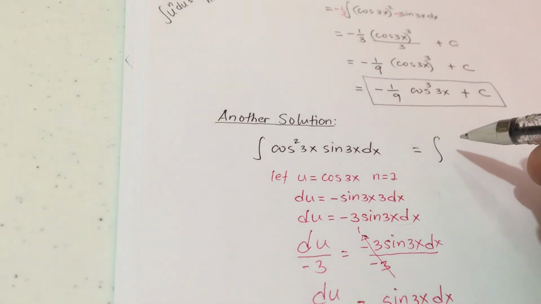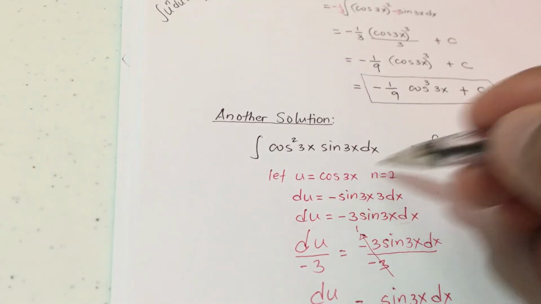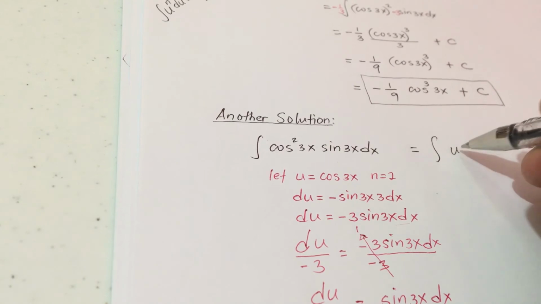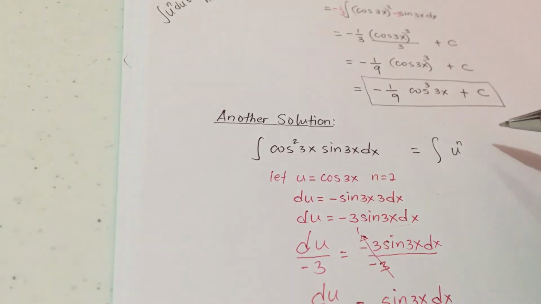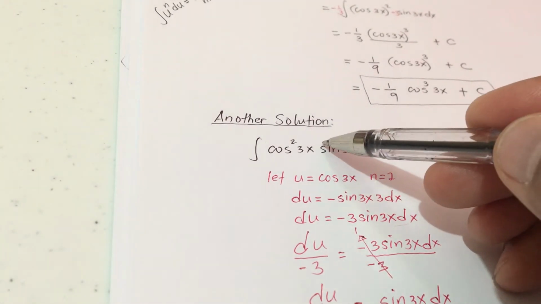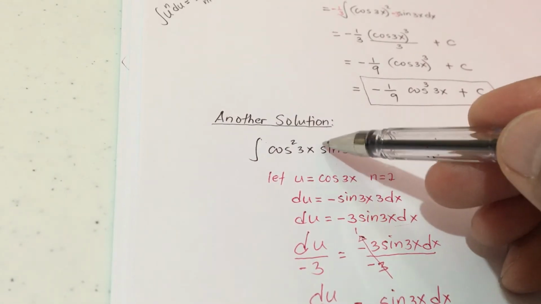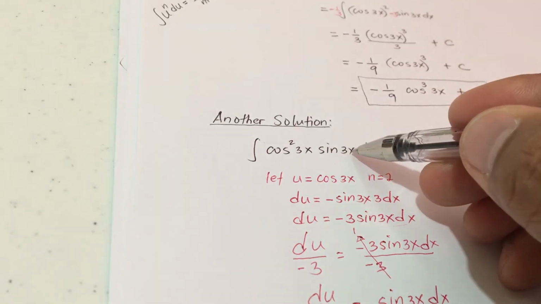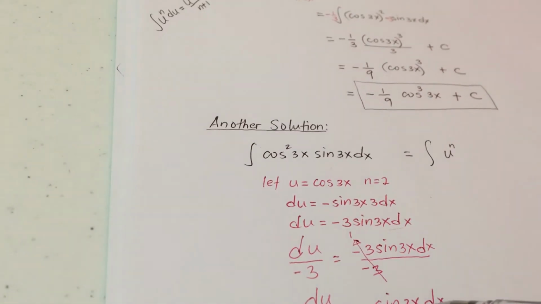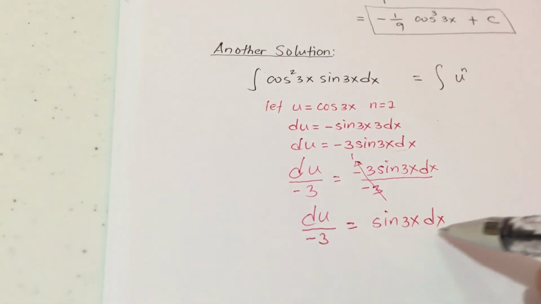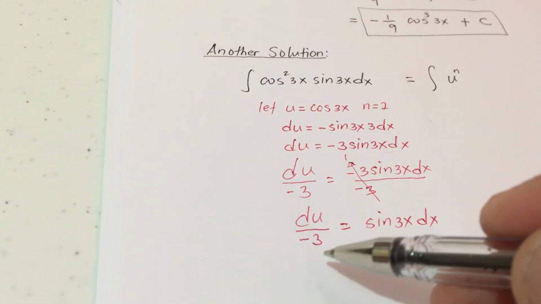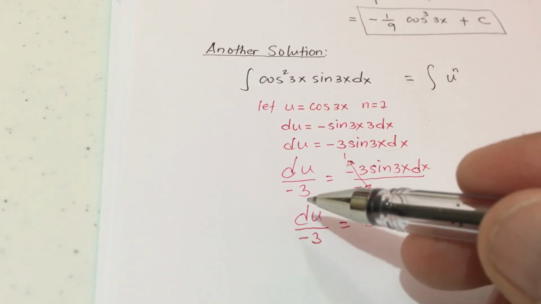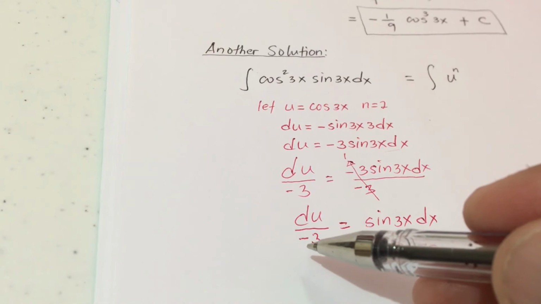we can rewrite it as the integral of u to the n. Our n is 2, then our du, which is equivalent to this one. So our sine 3x dx is equivalent to du over minus 3.